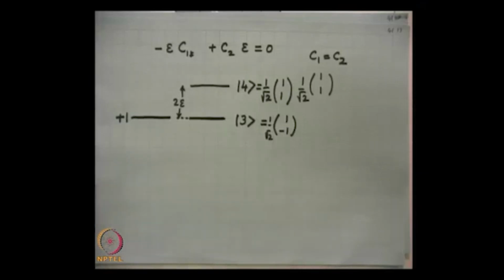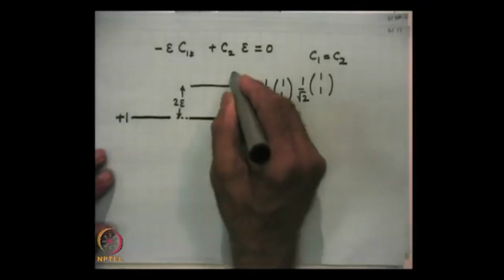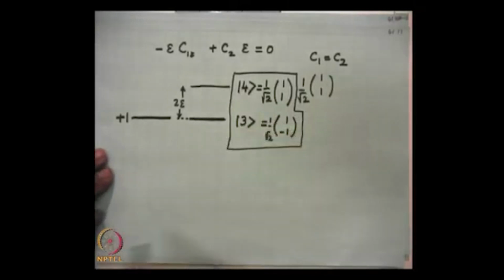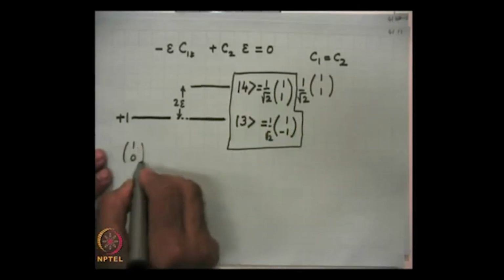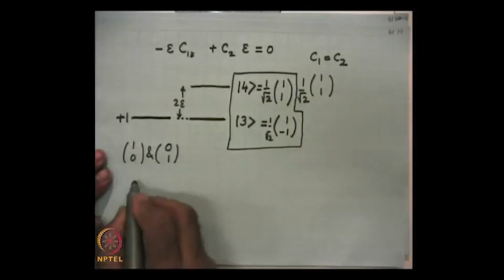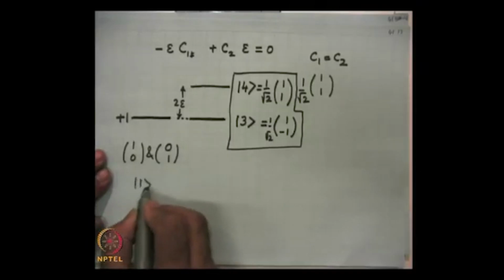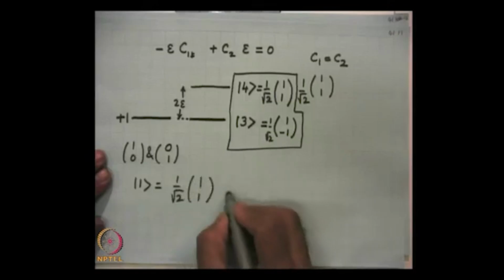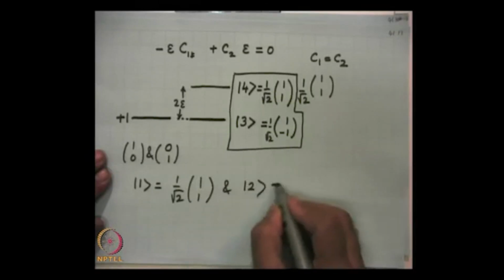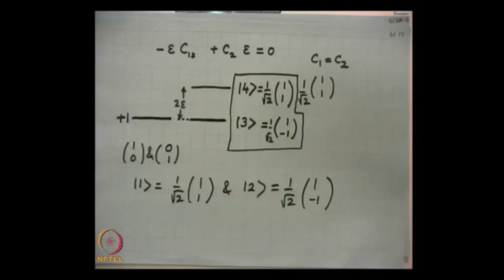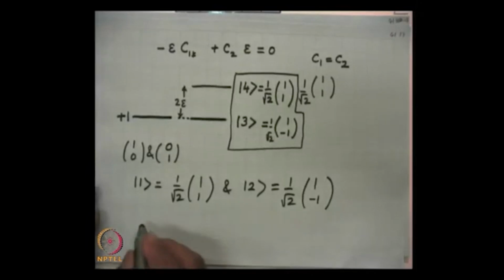One more thing that I want to mention is that we could have equally well started with these eigenkets. Let us suppose that instead of 1 0 and 0 1, we had assumed that ket 1 is equal to 1 over root 2 times 1 1 and ket 2 is equal to 1 over root 2 times 1 minus 1. Now notice, what is H prime 1 1?